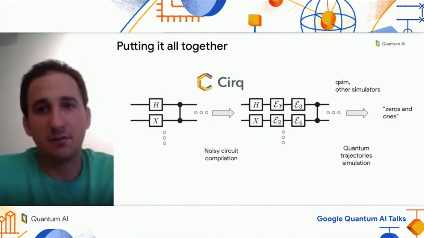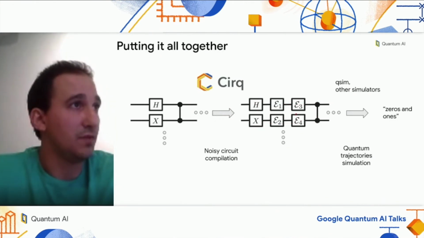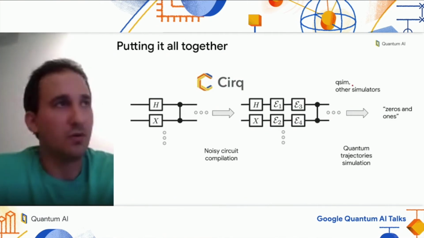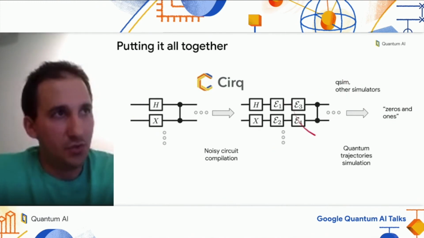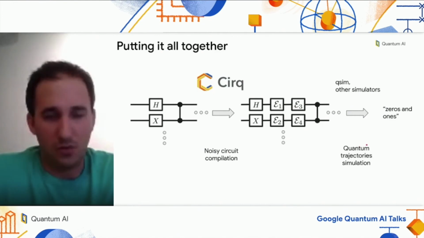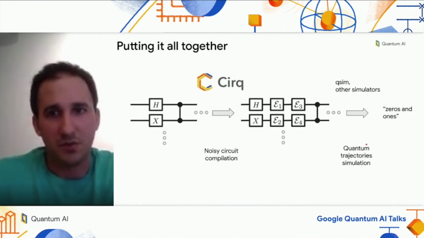Once we have the noisy representation of the circuit, Cirq then ties into several quantum simulators, including qsim, which allows us to actually do the quantum trajectory simulation, or optionally other kinds of simulations as well.